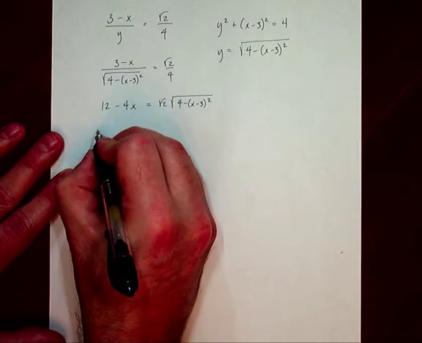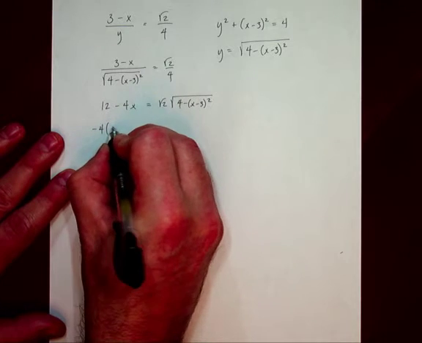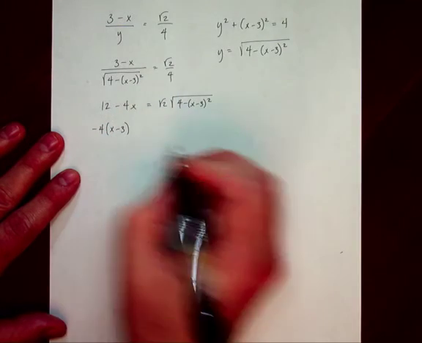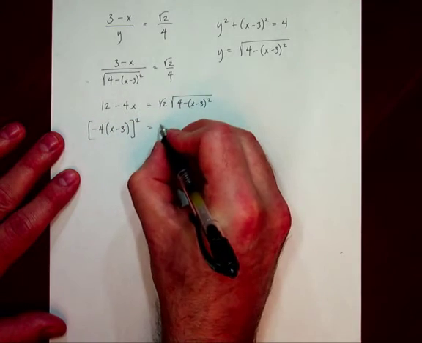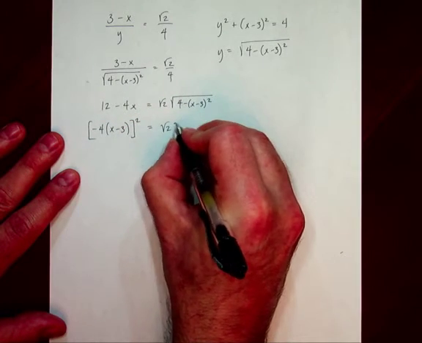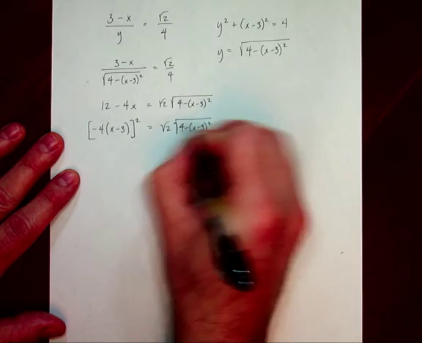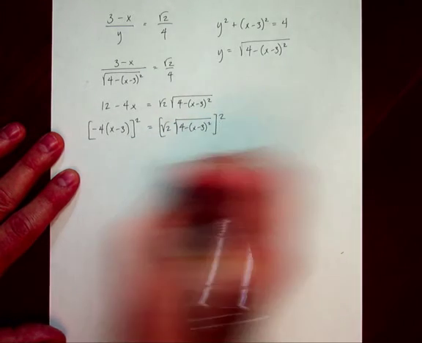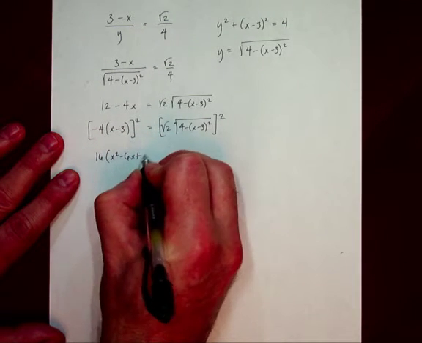It might actually be easier to go ahead and keep it as x minus 4, because what I'm going to need to do is square both sides in order to free up that x that's under there so I can solve the equation. Remember, radical equations. This becomes 16 times x squared minus 6x plus 9.